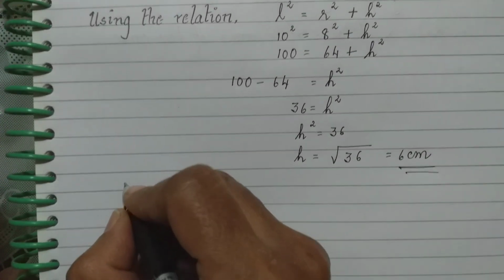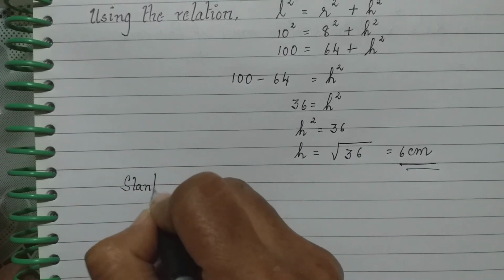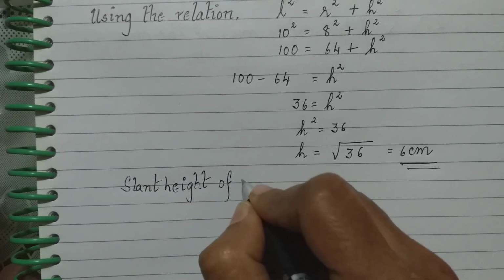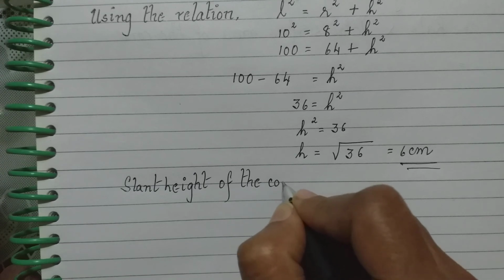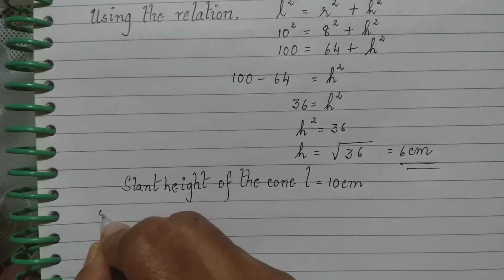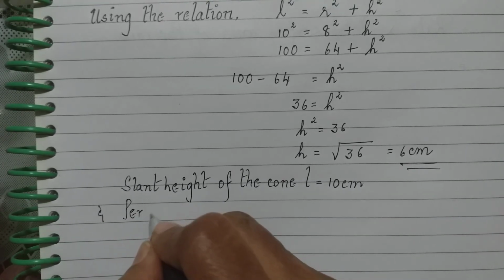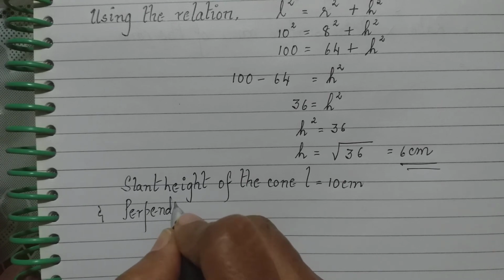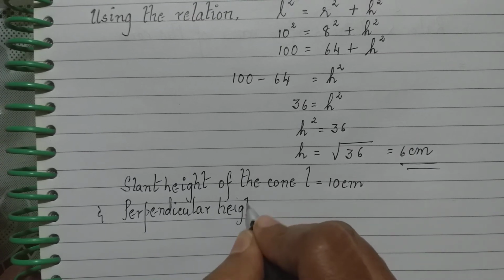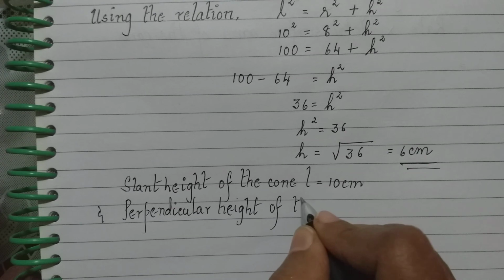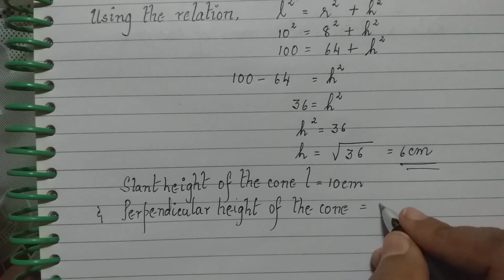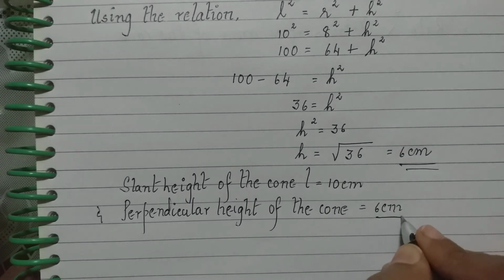Slant height of the cone, L, is equal to 10 centimeter and perpendicular height of the cone is equal to, see here the value of h, it is 6 centimeters, so is equal to 6 centimeter.